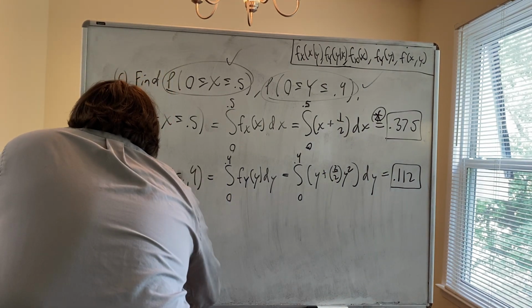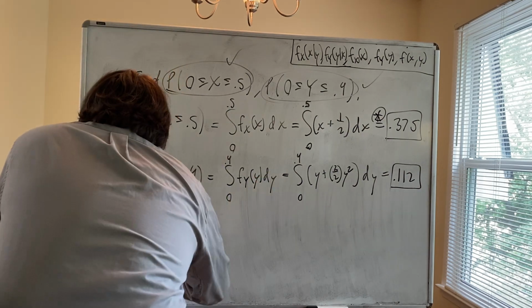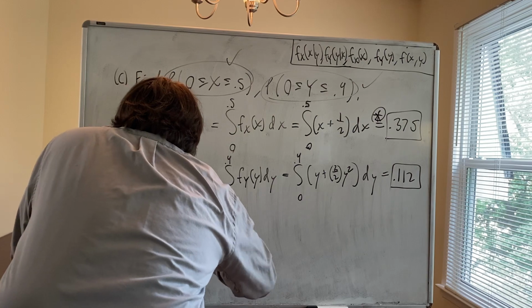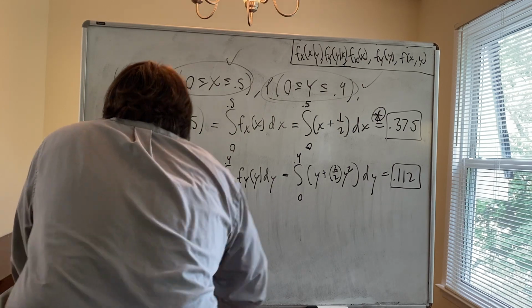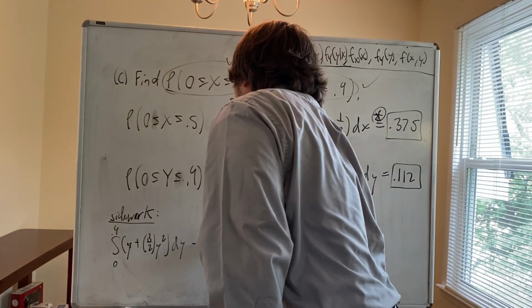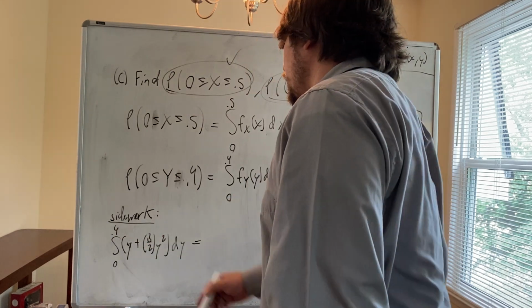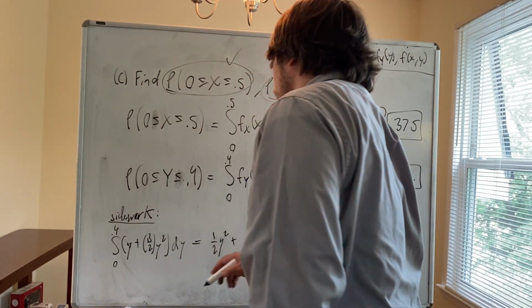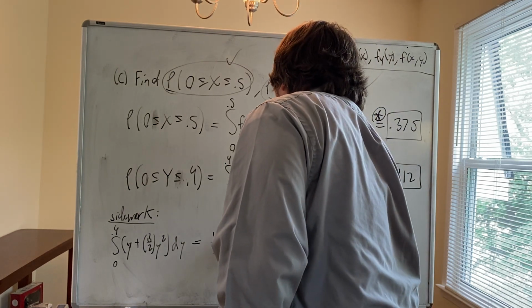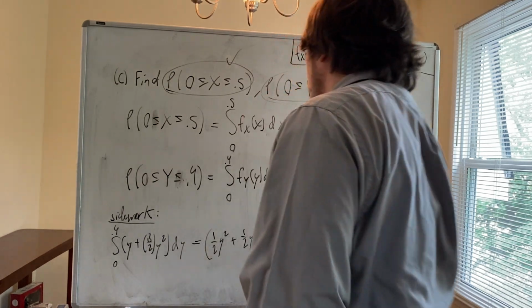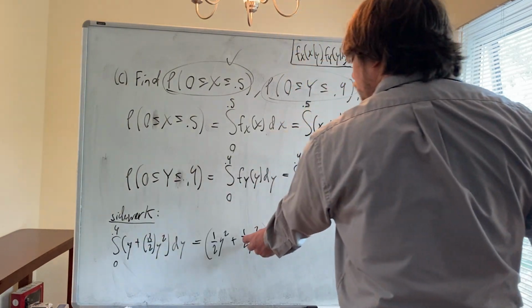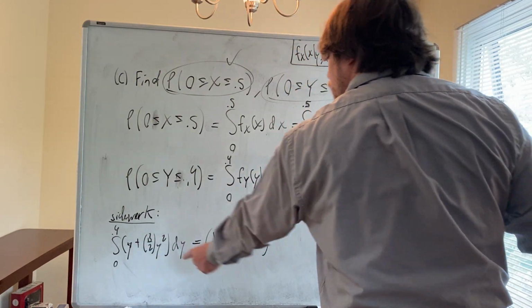The integral from 0 to 0.4 of y plus 3/2 y squared dy is equal to an antiderivative of the integrand. One antiderivative is 1/2 y squared plus 1/2 y cubed, because the derivative of 1/2 y squared is y, and the derivative of 1/2 y cubed is 3/2 y squared.